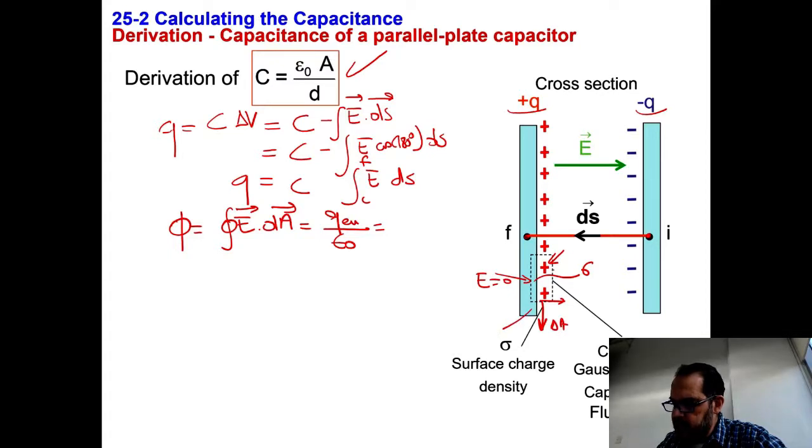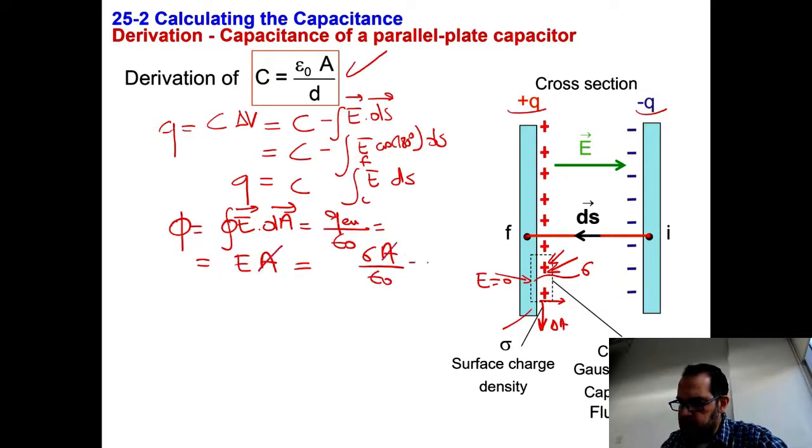The only remaining flux is on this area, so we can write E times A is equal to the charge enclosed. In this case, the charge enclosed is sigma, the charge per unit area, times the area, divided by epsilon 0. The area will cancel, and we get that the electric field is equal to sigma over epsilon 0. We have already done this before.